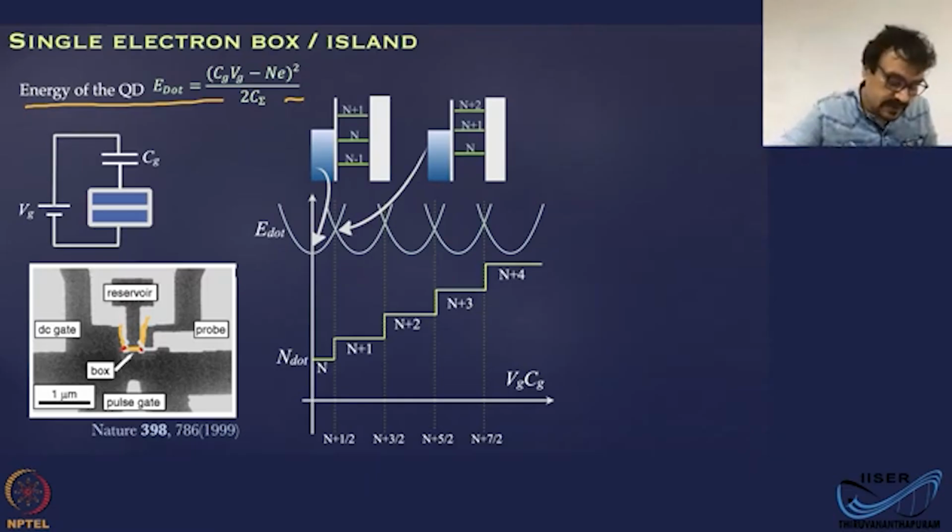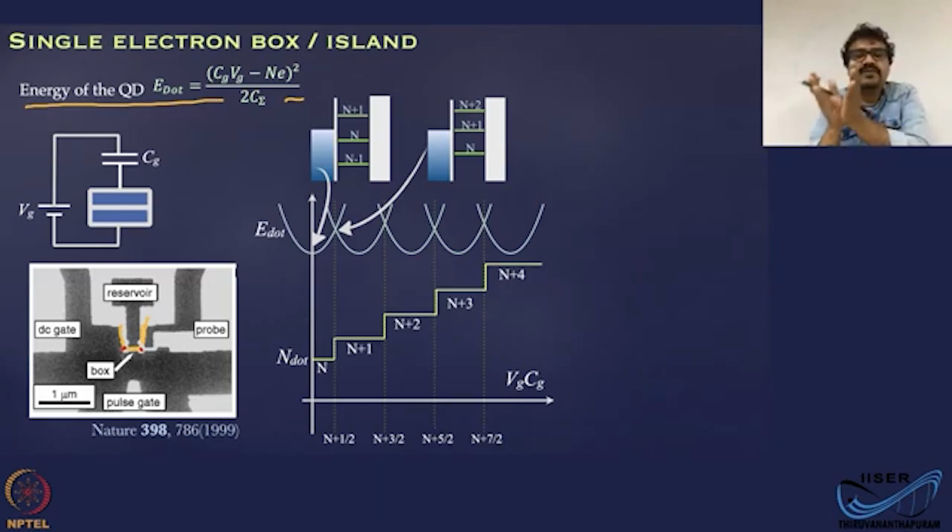And if you go further, then you will walk through this parabola here, and this will be a lower energy state. So the dot will get filled by one more electron, and that goes on. So that is the physics here. We are going from a parabola with n electrons, then the next parabola n+1, n+2, n+3, and you are going to sequentially fill the island with electrons.